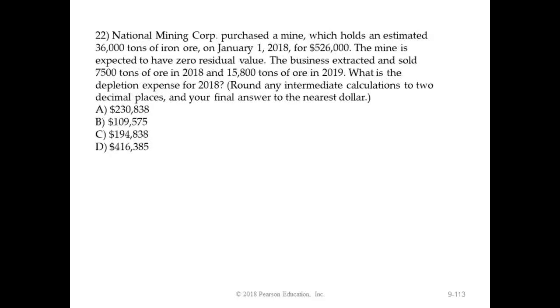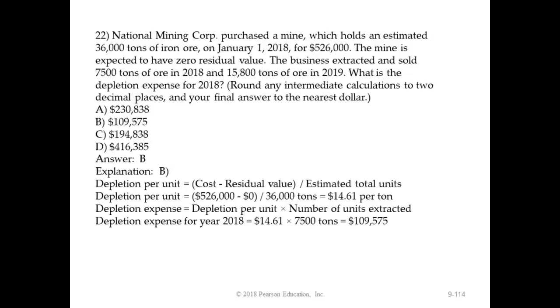And this problem, number 22, is almost a carbon copy of the last problem. In this case, I need to figure out my depletion per unit, which is going to be $526,000, my cost, minus a residual value of 0, divided by how many tons? 36,000 tons of iron ore.